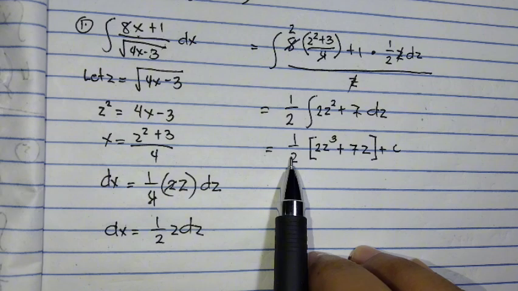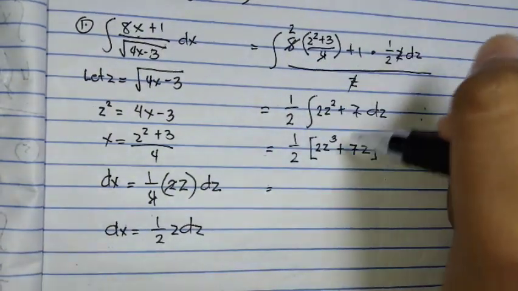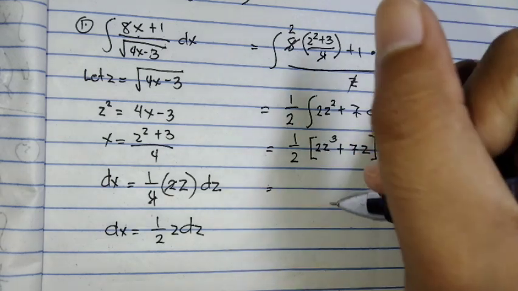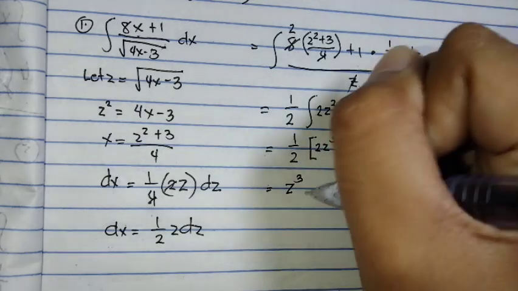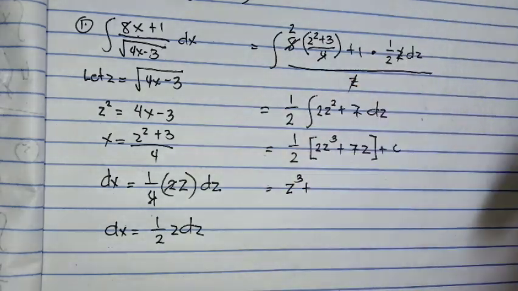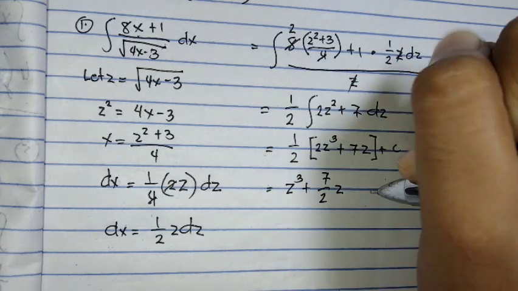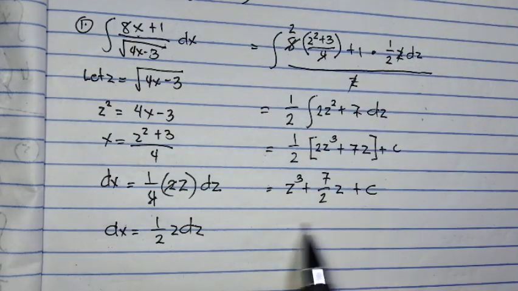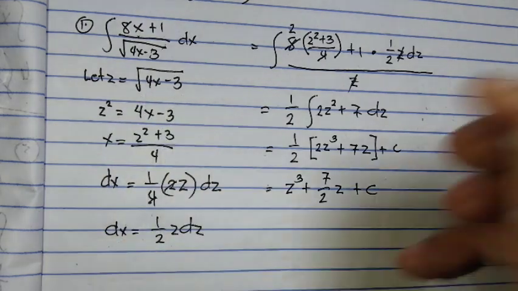Going to distribute 1/2, so 1/2 times 2z cubed over 3, or 2 divided by 2 is 1, so it's left with z cubed over 3 plus 7/2 z plus c. And then replace the value of z, which is the square root of 4x minus 3.